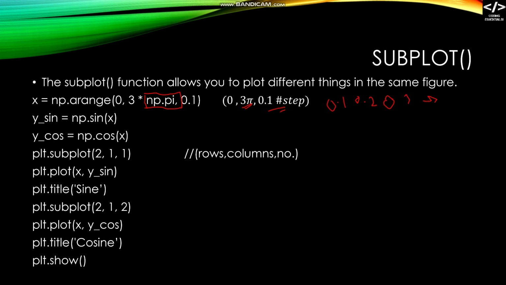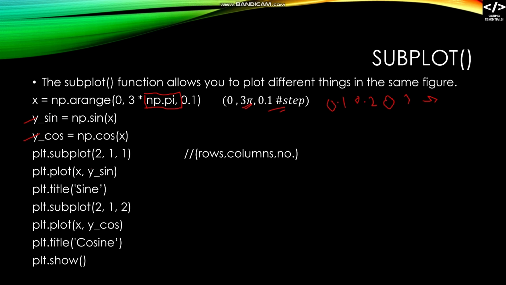So we are plotting sine and cos functions in the same window. y_sine equals np.sin(x) and y_cos equals np.cos(x). Basically that is y equals sin x and y equals cos x, just two different names.